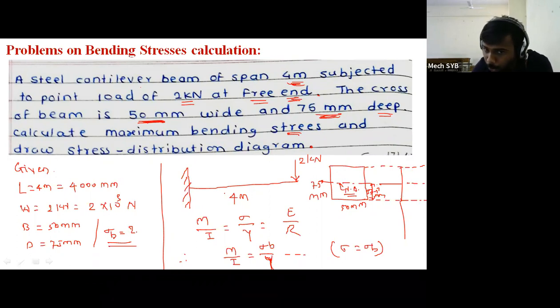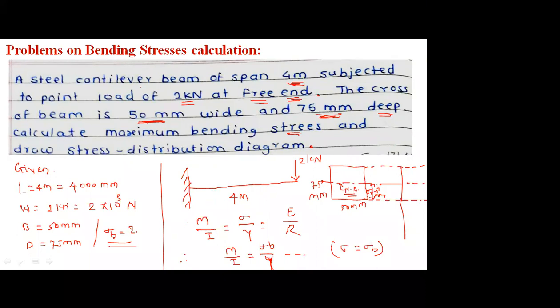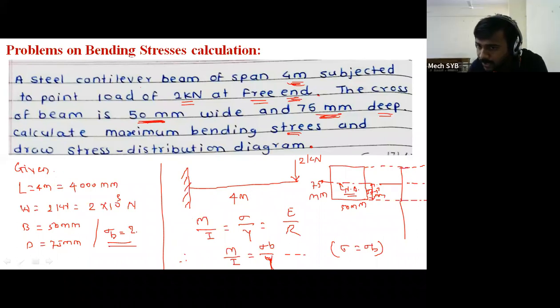Now here we know this is the cantilever beam. In a cantilever beam, the top fiber is under tension and the bottom under compression. So on the top side is your sigma t. What is the value of sigma t, and what is the value of sigma c?